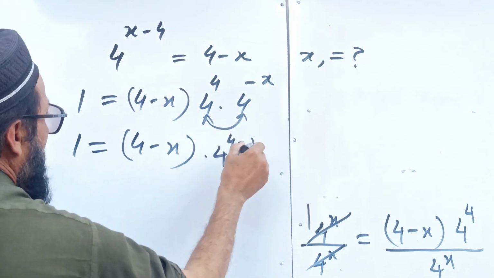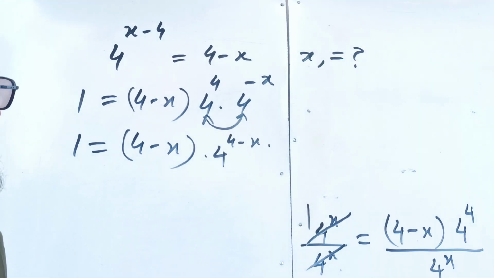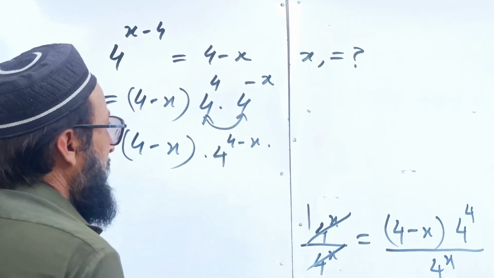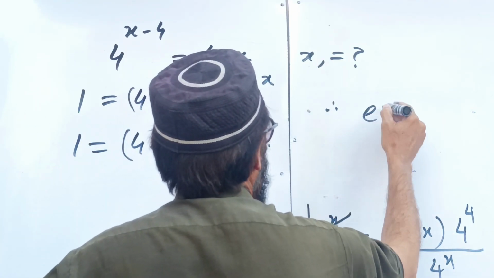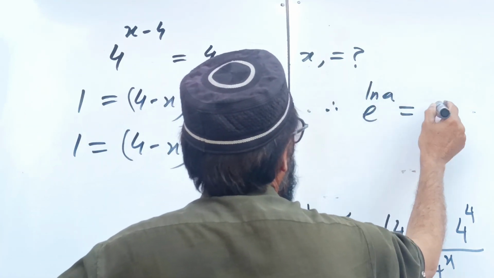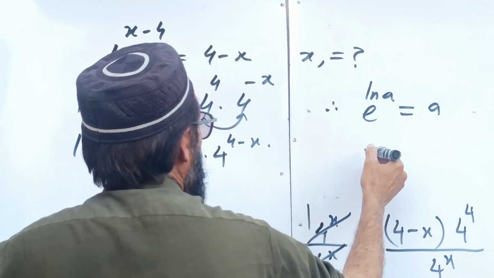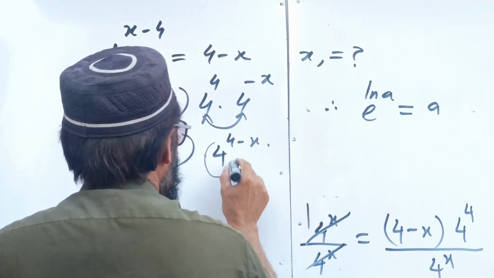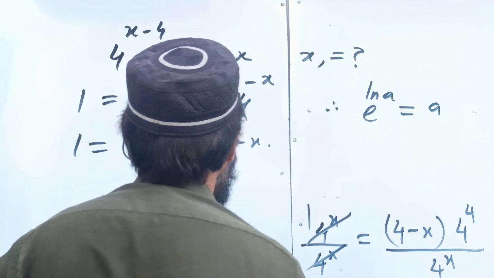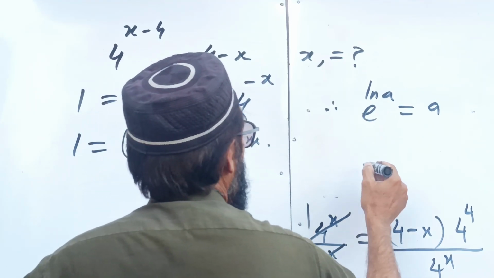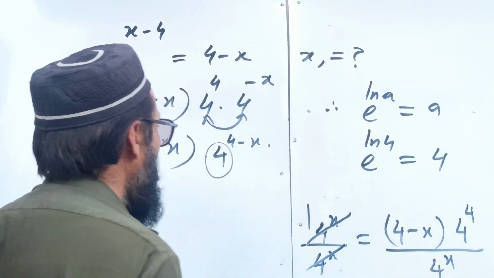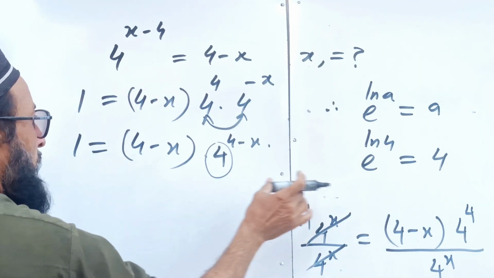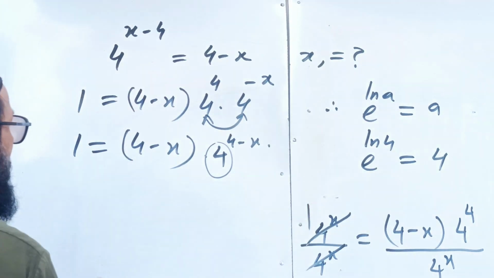Now according to the logarithm rules, e exponent of log of a is equal to a. So similarly we try to change this term: in place of 4, we put e exponent of log of 4.